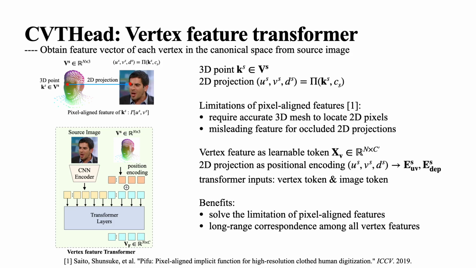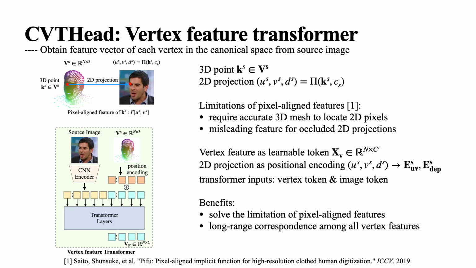However, there are several limitations for the pixel-aligned features. First, it requires accurate 3D mesh reconstruction to locate the correct 2D pixels. Moreover, when the 3D point is invisible in the 2D image, the feature at its 2D projection may not accurately represent the true features of that point.